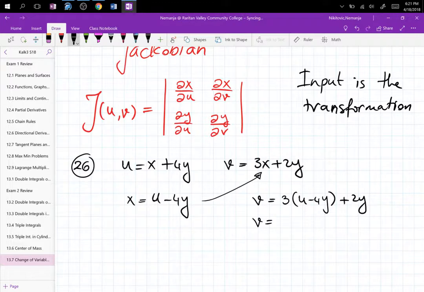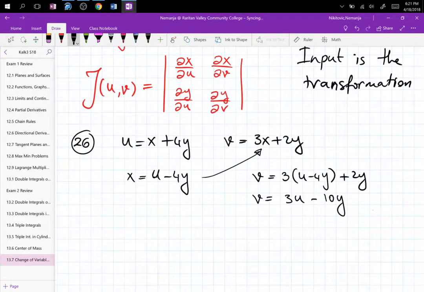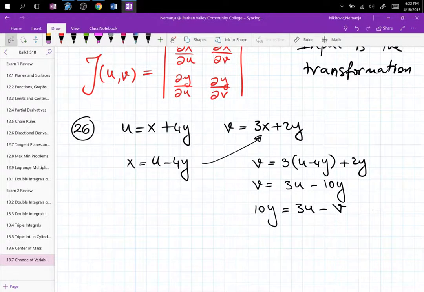So v is equal to 3u minus 12y plus 2y is 10y. And you can see that from here I am able to solve for 10y. So 10y is equal to 3u minus v, from where y alone is 3/10 u minus 1/10 v.